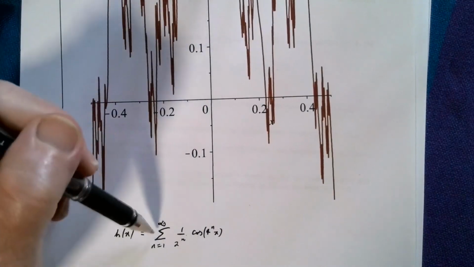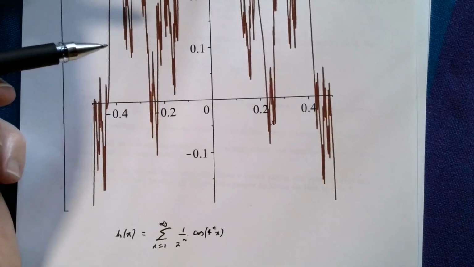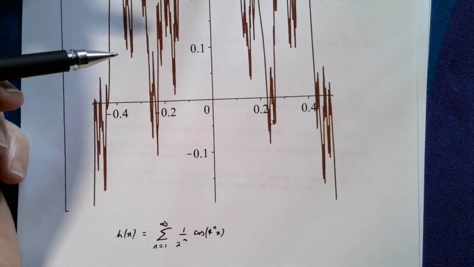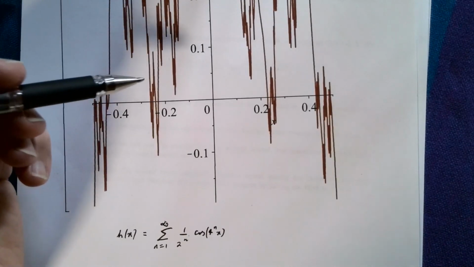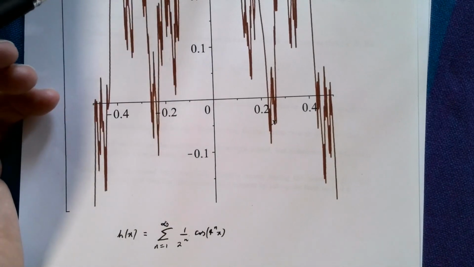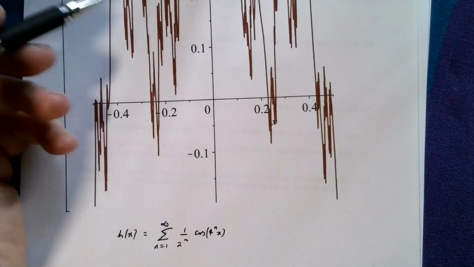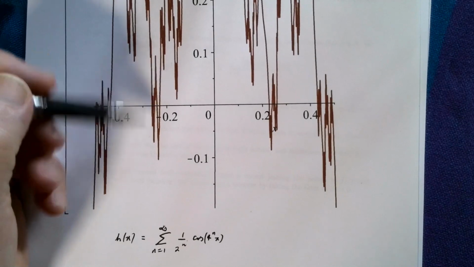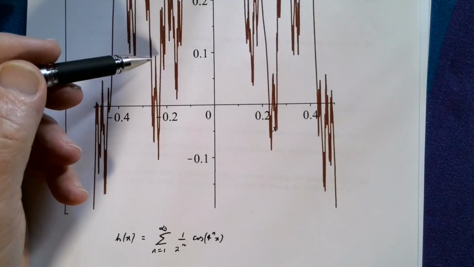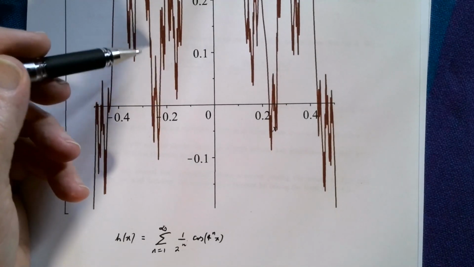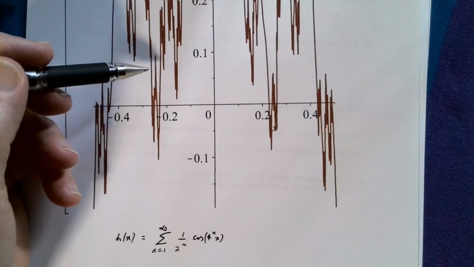So this infinite series converges, that makes it continuous. But if you take the derivative, then the derivative doesn't exist anywhere because the infinite series you get diverges. So it's an amazing example of a function that is continuous everywhere but differentiable nowhere.